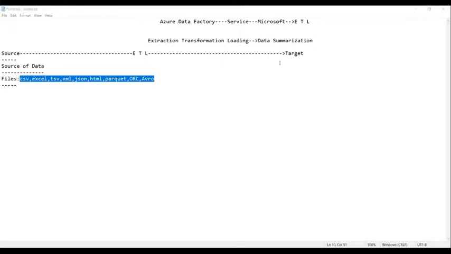Apart from the files, what are the other sources where we get the data? We can get the data from databases. What is the very basic difference between files and a database?